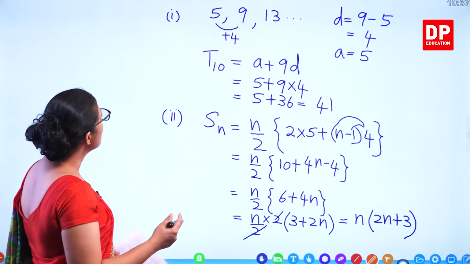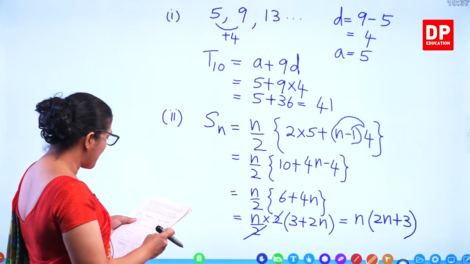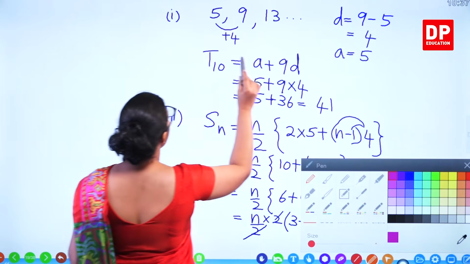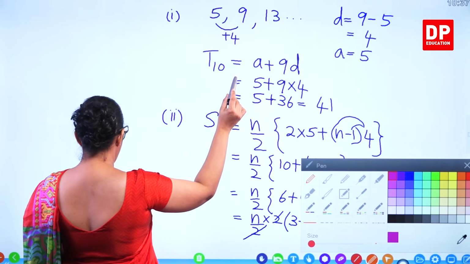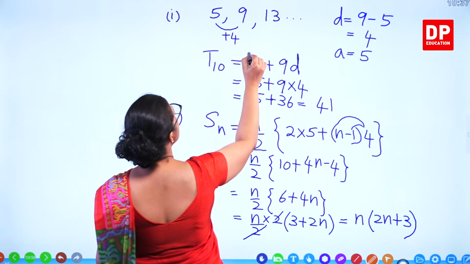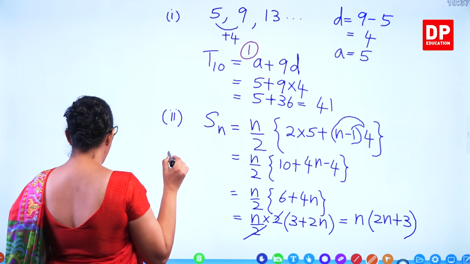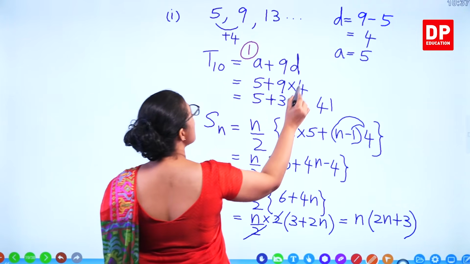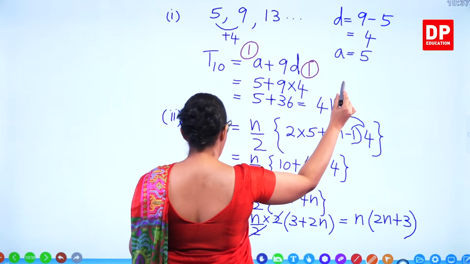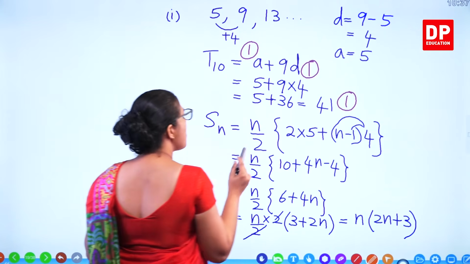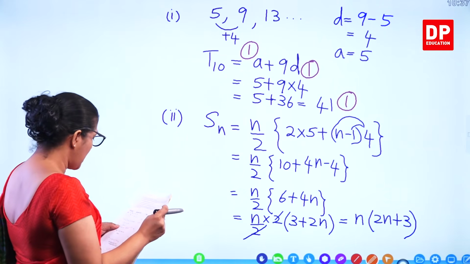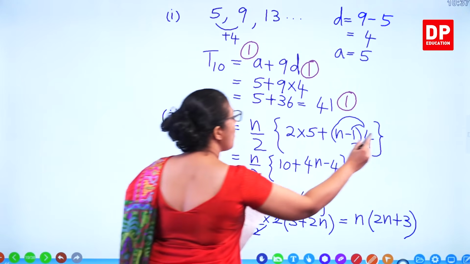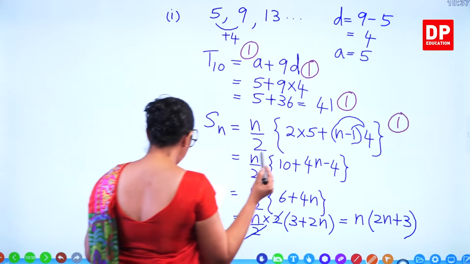Now we'll see how you get marks for these two steps. 1 mark using the Tn formula and 1 mark for correct substitution and 1 mark for the answer. So 3 marks for the first part. And the second one is Sn. Using the correct formula, 1 mark.